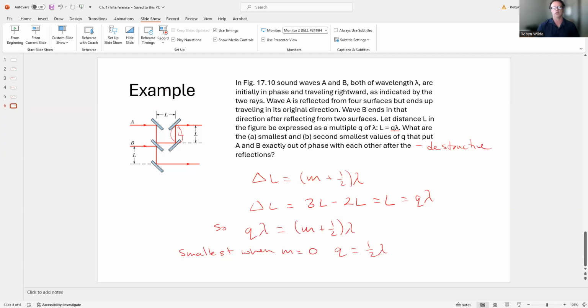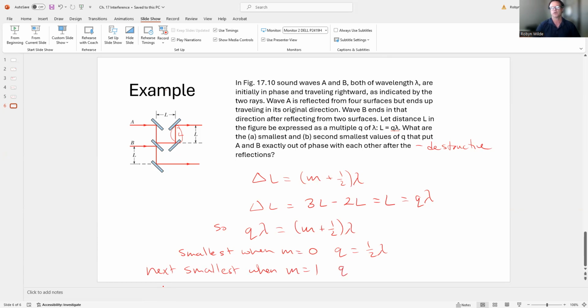The next smallest is going to occur when M is equal to 1. Right, and that's because now I'm going up to not 1/2 lambda, but 3/2 lambda. All right, I'm adding another odd multiple of lambda, but I still am out of phase and I still get destructive interference in that situation.